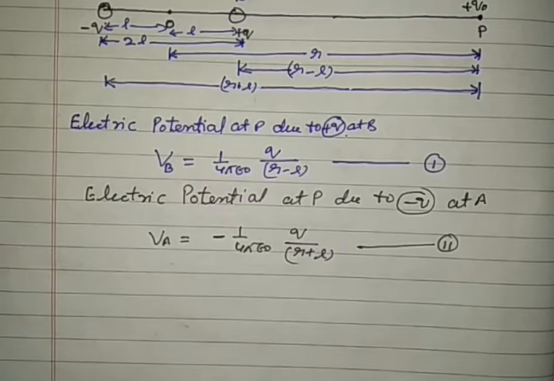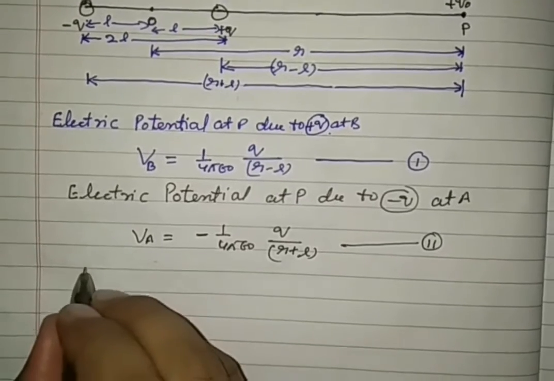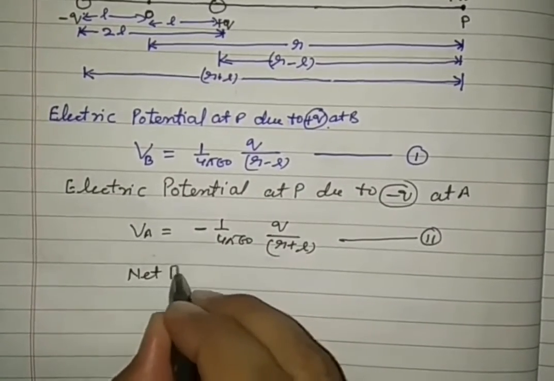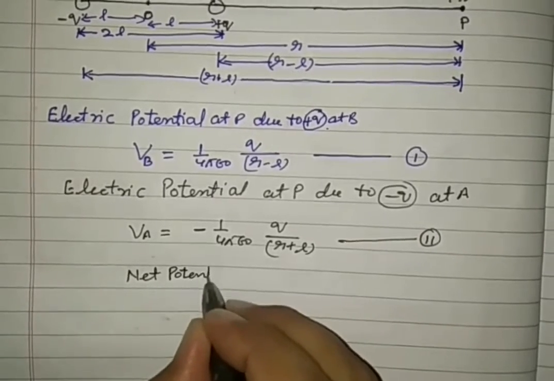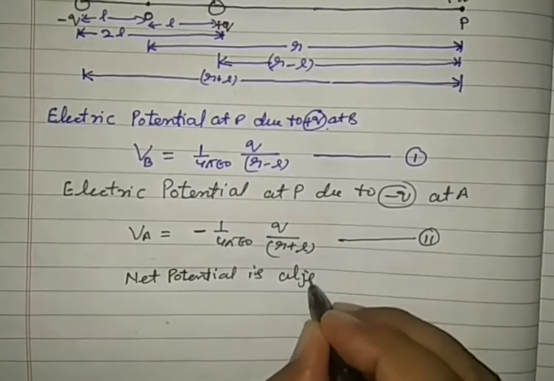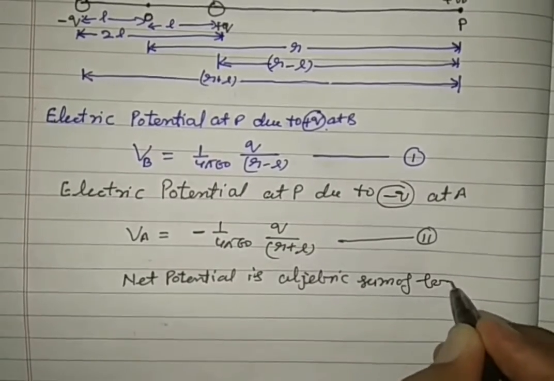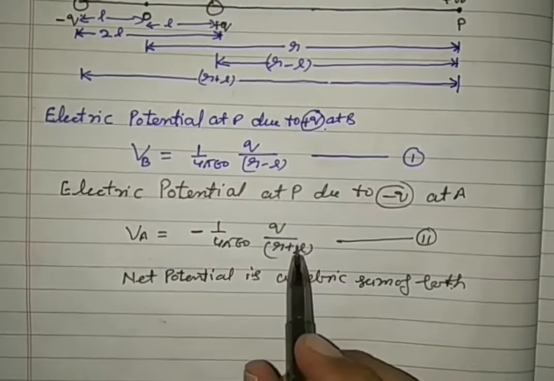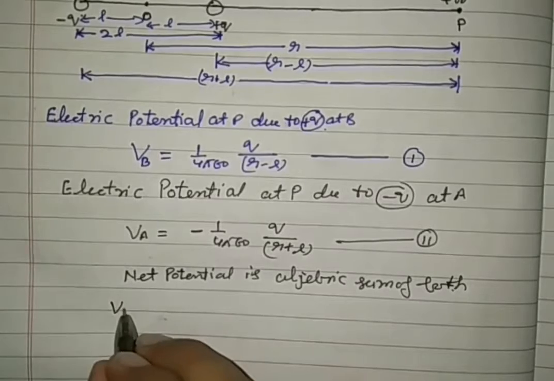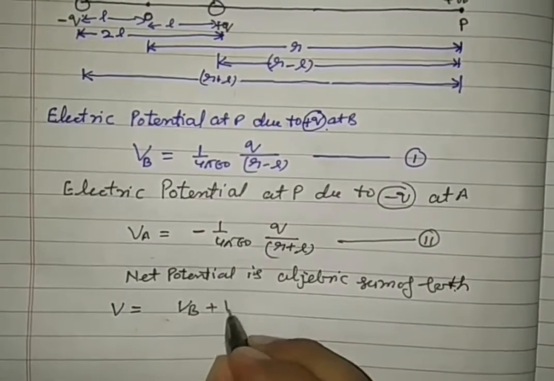So these are the two potentials. Then the net potential is the algebraic sum of both. Why the algebraic sum? Because both are scalar quantities. So the net potential is V equal to VB plus VA.